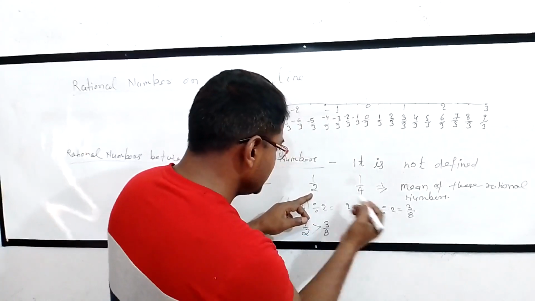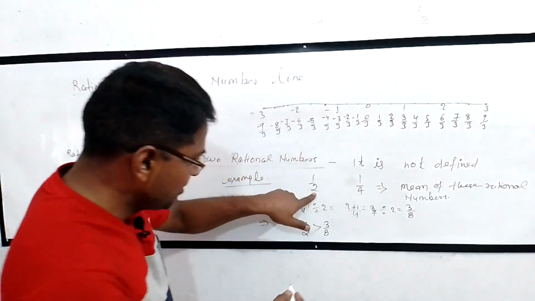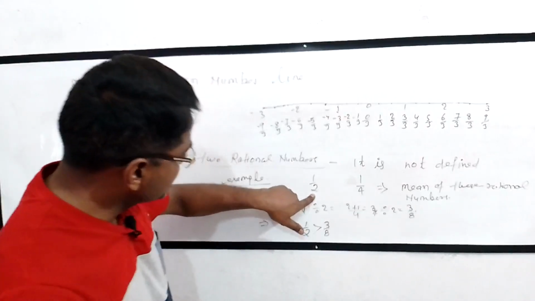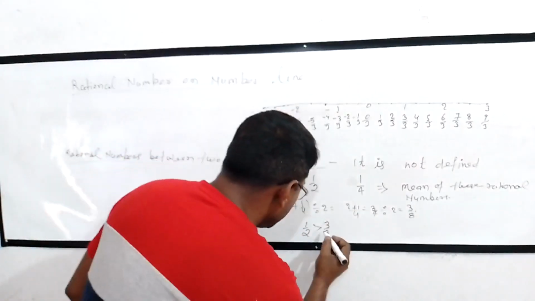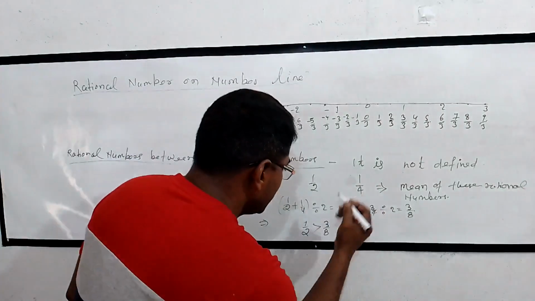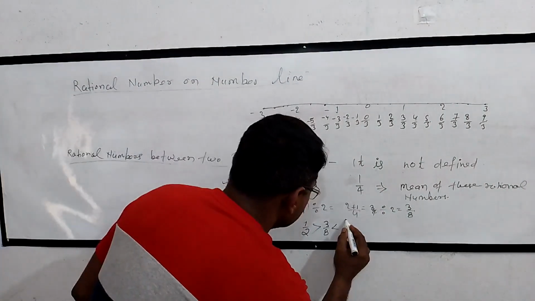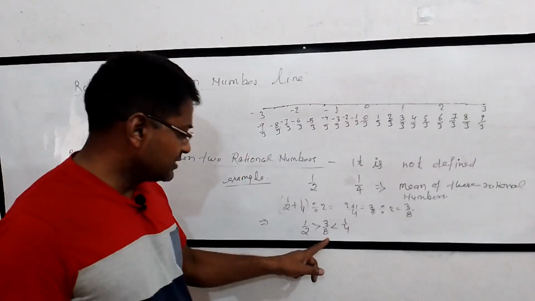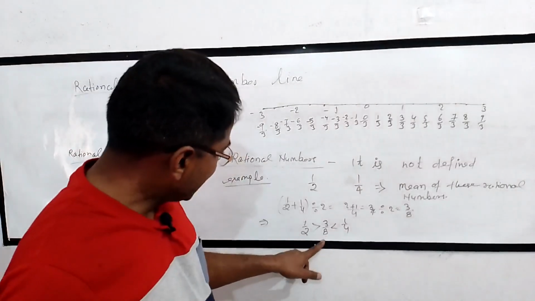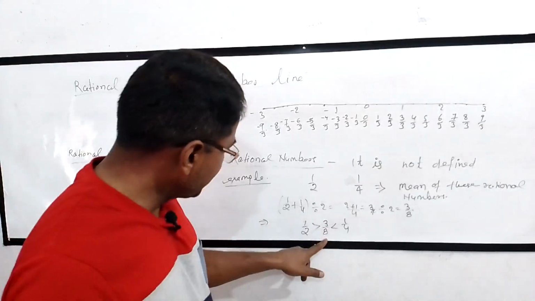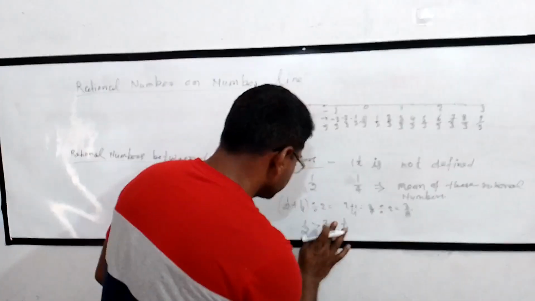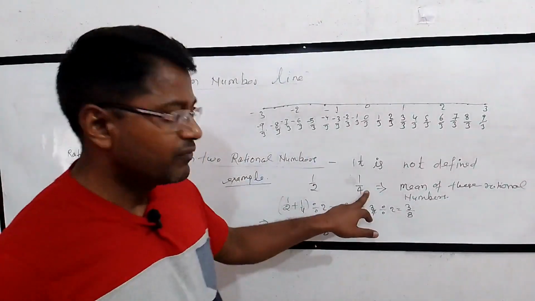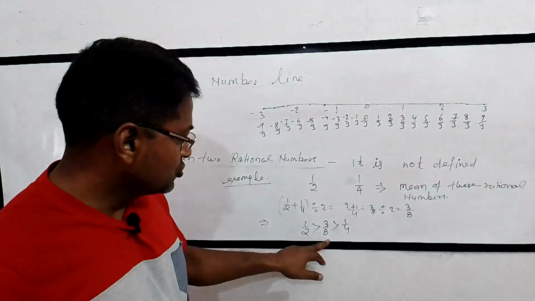So if it is in between these two, then it is a rational number in between. 3 by 8 will always be less than 1 by 2, and 3 by 8 will always be greater than 1 by 4. Understood? So this is the condition.